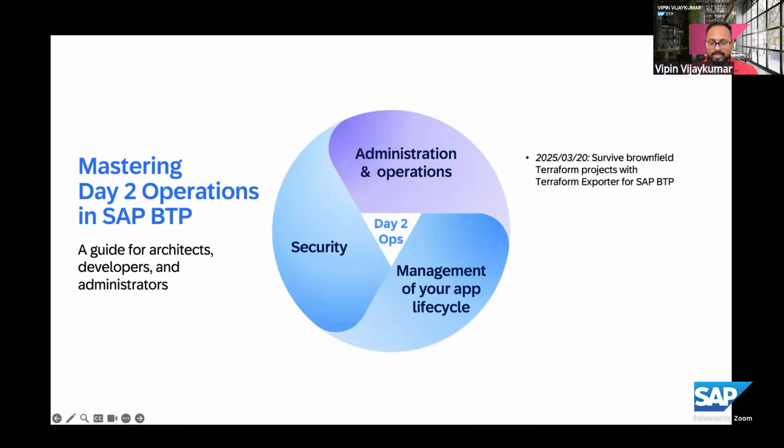This is primarily for architects and developers, and for the administration and operation of sub-accounts and global accounts on BTP, meaning the kind of activities that you as a global account administrator would do on BTP, and how you would automate them is the primary discussion here.